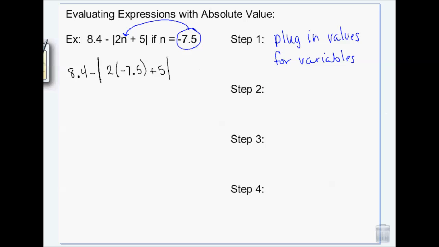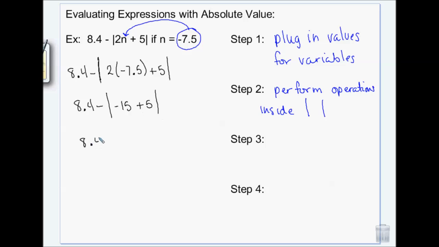Step 2 is we're going to perform any operations inside the absolute value. And that's the addition, the subtraction, the multiplication, and the division. So 2 times negative 7.5 is negative 15 plus 5. So that gives me negative 10.